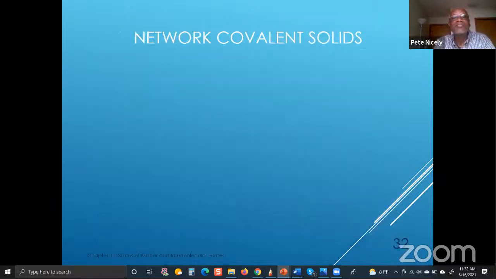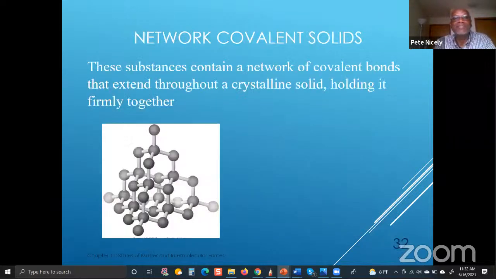Okay, so let's talk about network covalent solids. These are substances that have an extended network of covalent bonds right throughout a crystalline solid. And these forces are very strong. A good example of this is diamond. So what you're looking at here is a small part of the structure of diamond. Diamond consists of carbon atoms, and each carbon atom is covalently bonded to 4 carbon atoms, right?